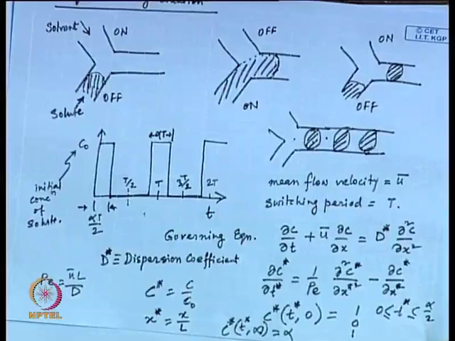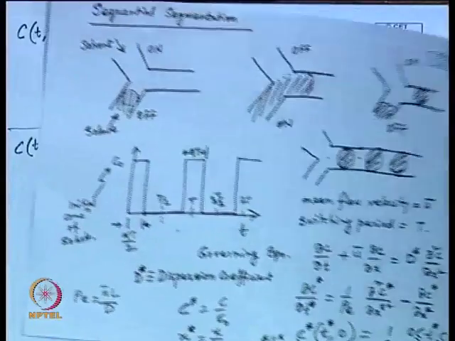You understand the essence of it: you are working in an on-off mode, giving pulses of solute and then helping that solute to diffuse into the adjoining solvent streams, solvent blocks basically. That is how this sequential segmentation works.